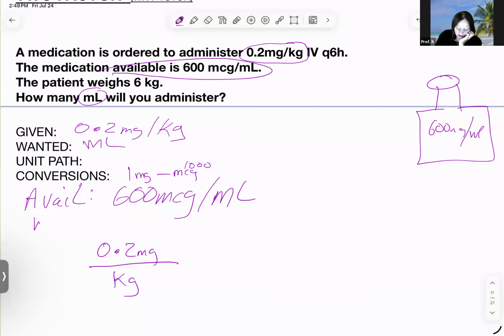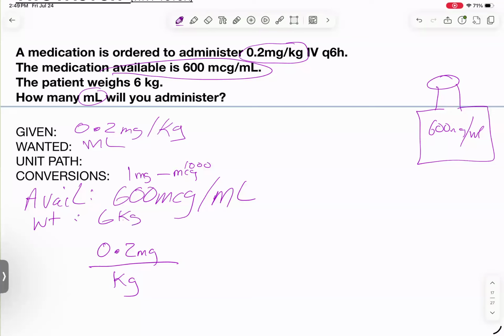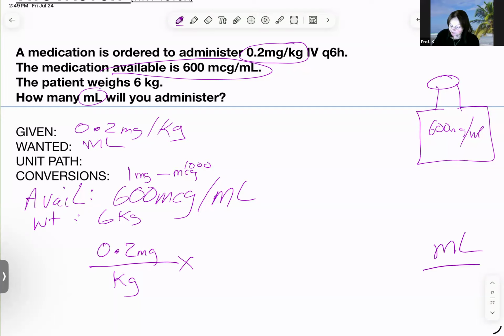Now I need to add the patient's weight. What does the question say the patient's weight is? 6 kilograms. So my wanted is milliliters, only in the numerator, so I should have nothing in my denominator. But what do I have sitting here?